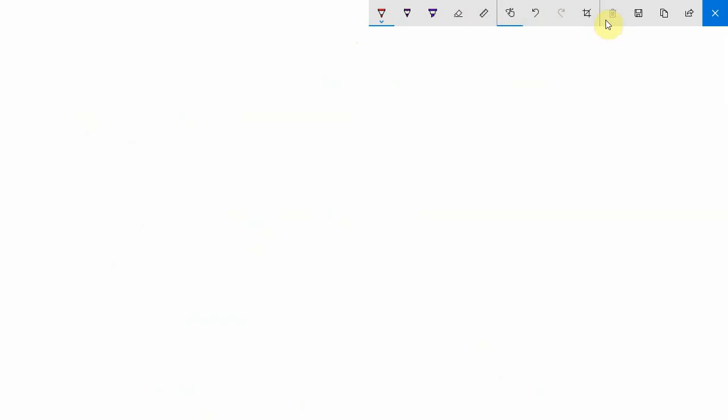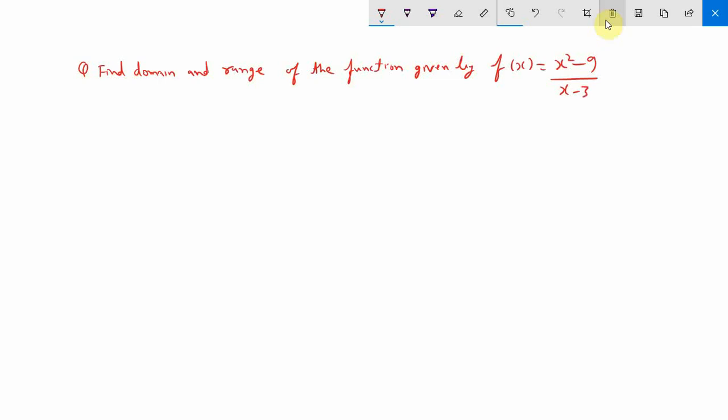Find the domain and range of the function given by f(x) equal to (x square minus 9) by (x minus 3).